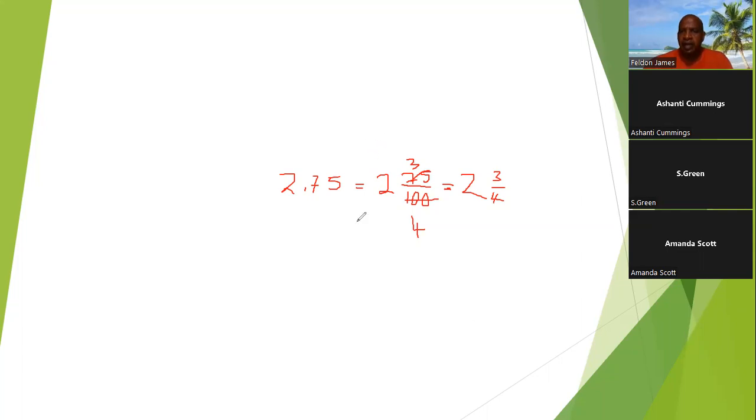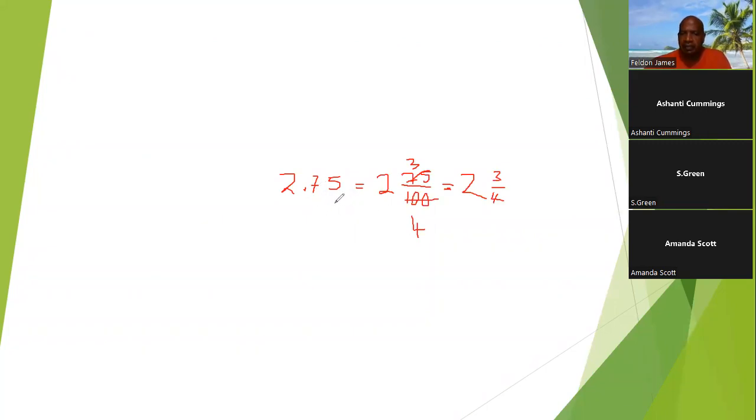All right, so as I was saying, to convert a decimal into a fraction, the number that comes before the decimal point is the whole number part. The numbers that come after the point are the fractional parts.